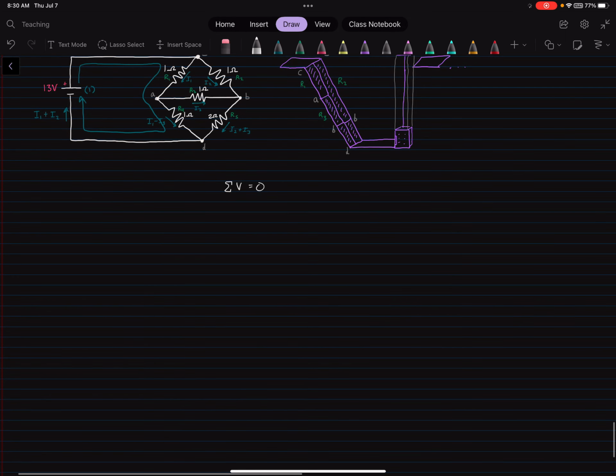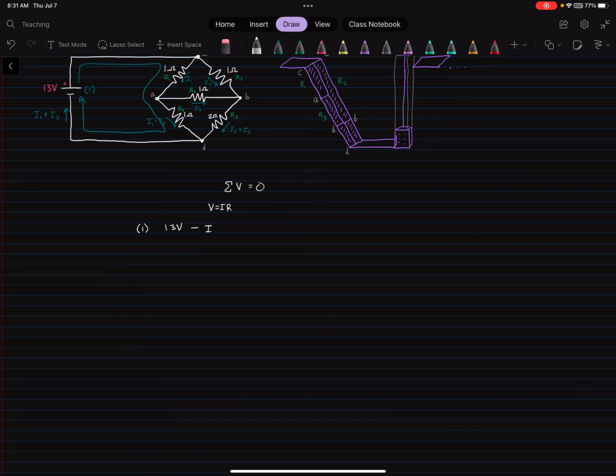If we go along that, so this is going to be equation 1, we have positive 13 volts from the EMF source, minus, right, V equals IR, and so we don't know what V is, but we know that we're looking for I, and we have R, so we'll go ahead and throw those in there.